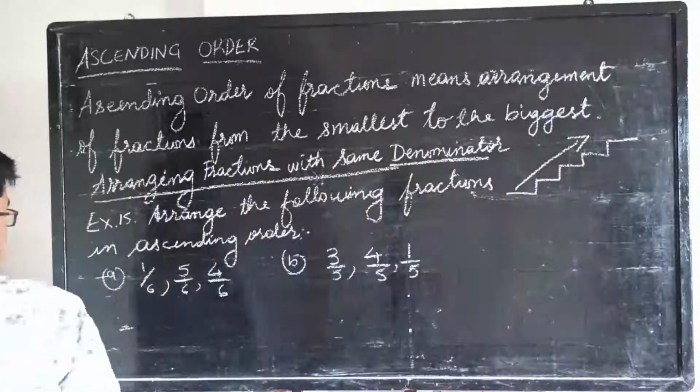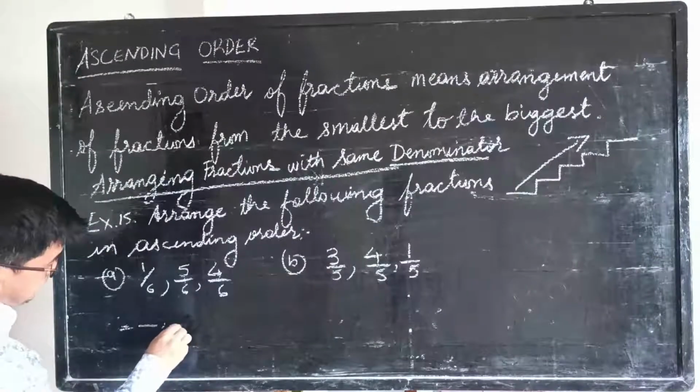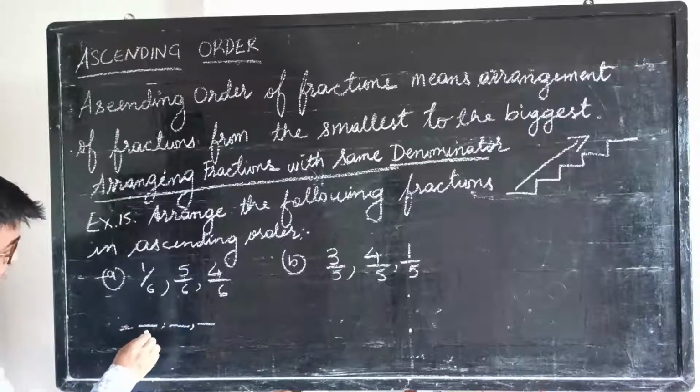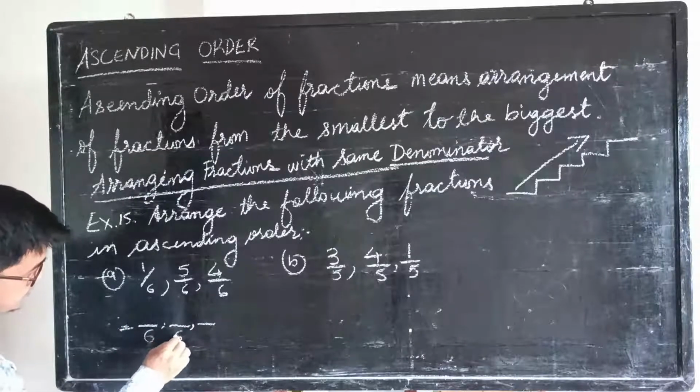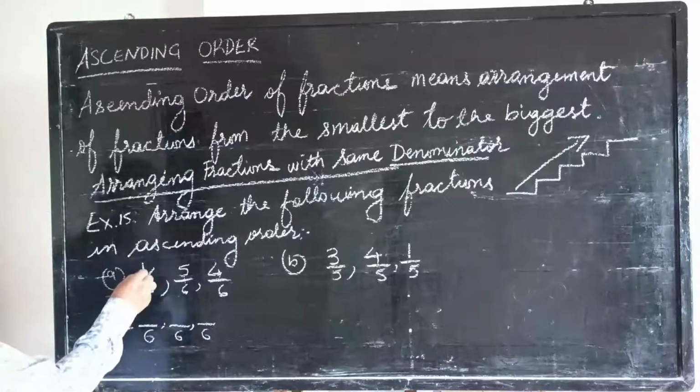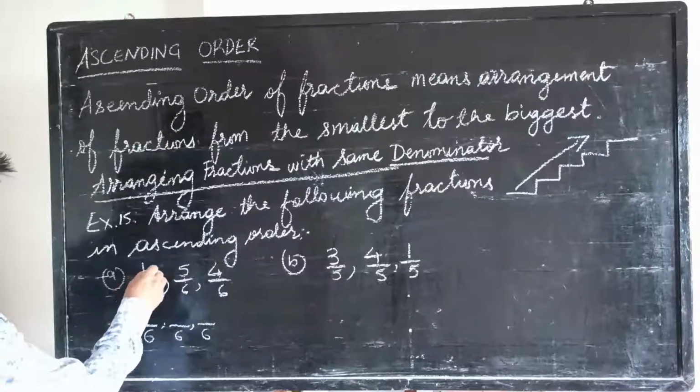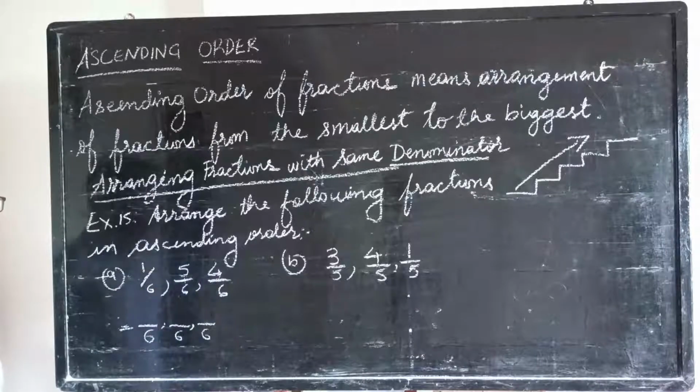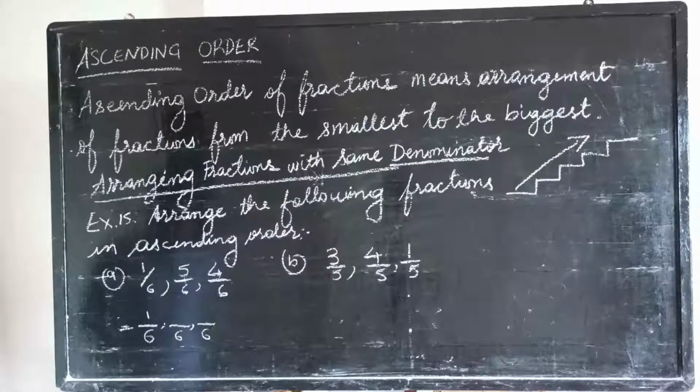Now there are three fractions. All the denominators are the same, 6, 6, 6. Now look at the numerators: 1, 5 and 4. Which is the smallest numerator? 1. So this is the smallest fraction. After 1, now 5 and 4.